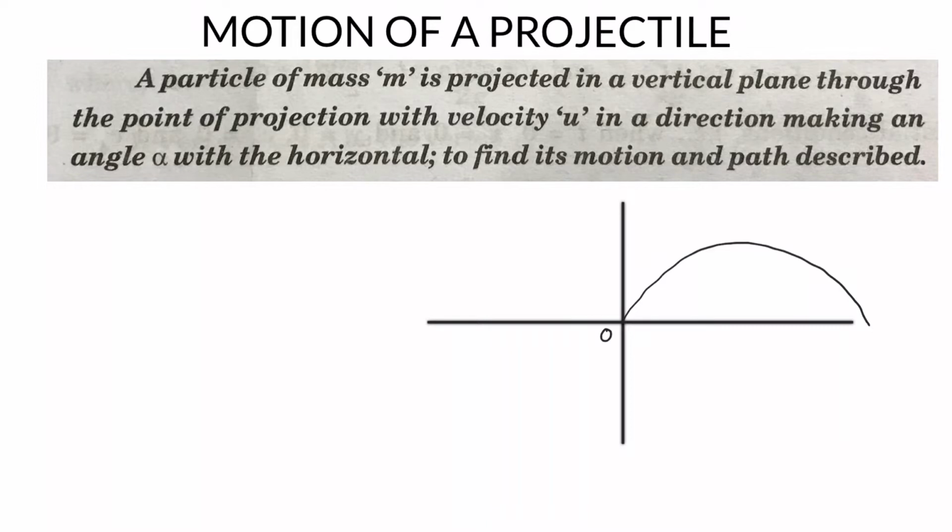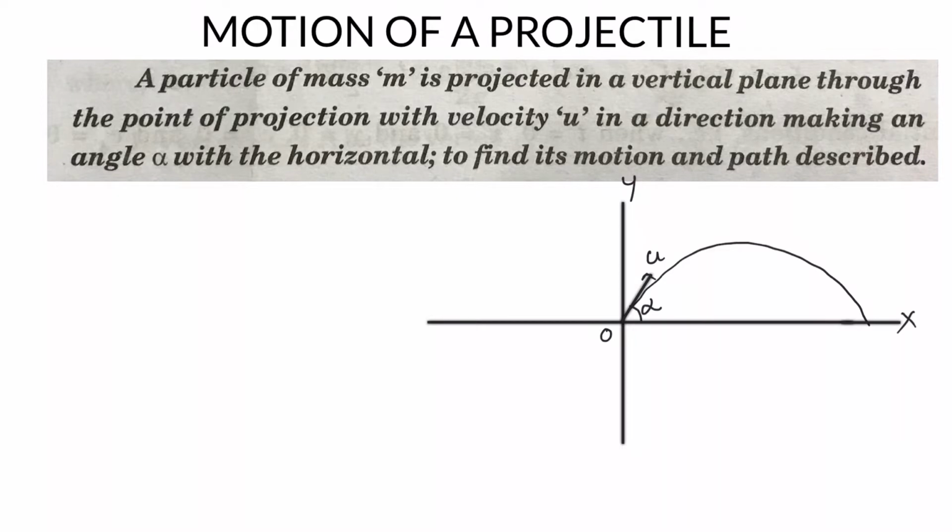It is projected with velocity u, making an angle alpha. This is x-axis, this is y-axis.